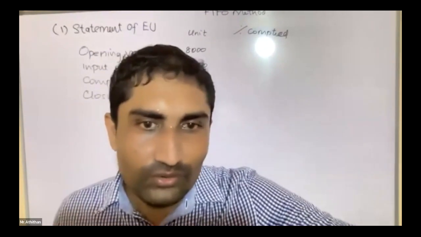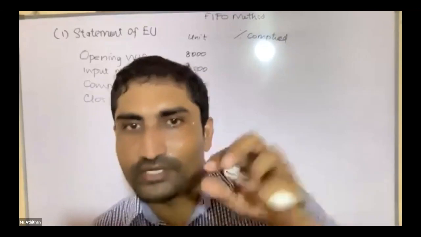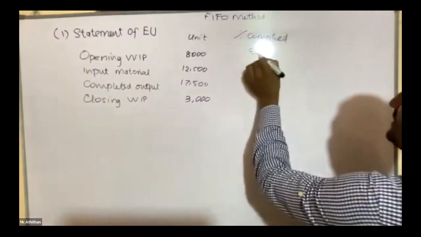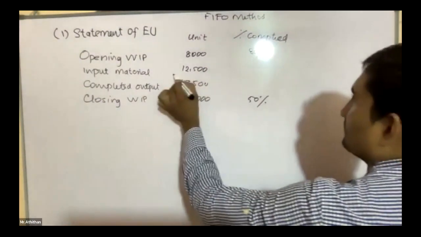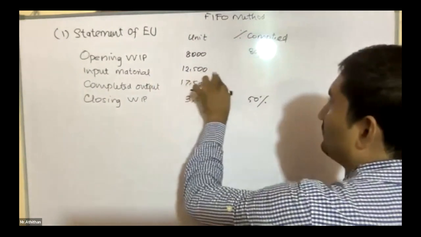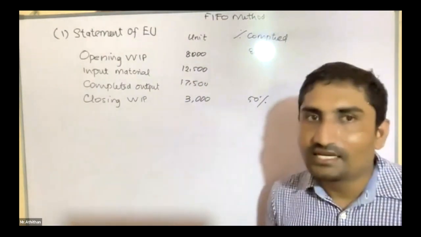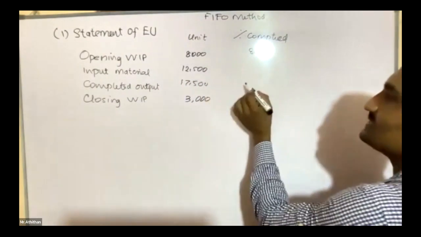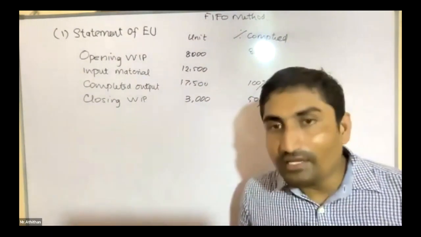If we go to the question, see, opening inventory is 80% complete. Closing inventory is 50% complete. Right. So in that case, completed units, 100% completed. Am I right?